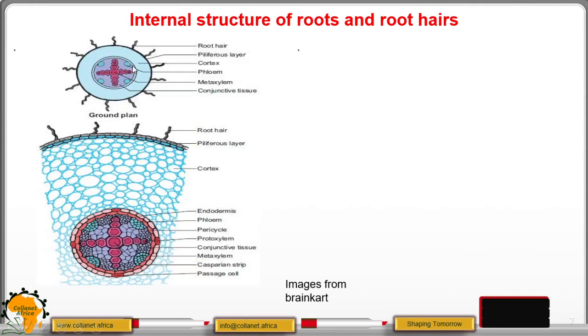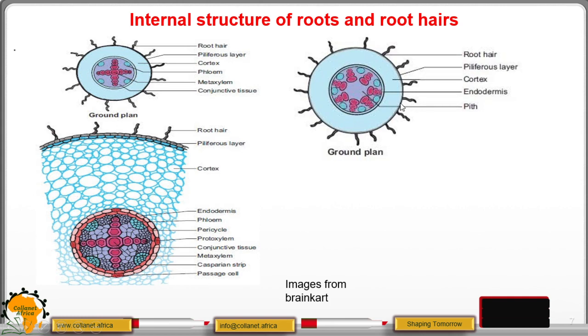This is an internal structure of a dicot root. You can see these are the root hairs. We have the piliferous layer, we have the cortex, then we have the phloem, and this one, which is star shaped, is the xylem.